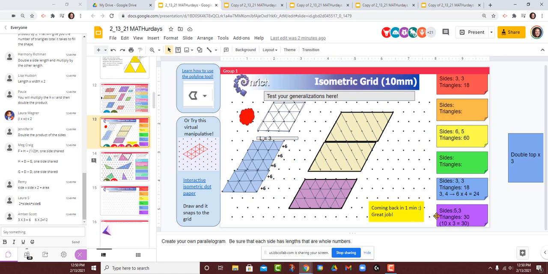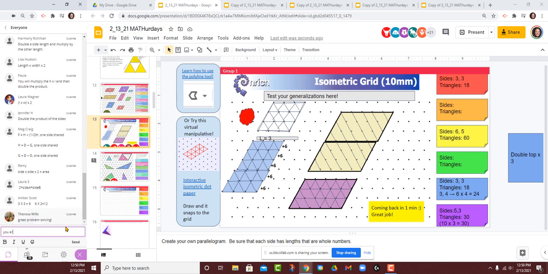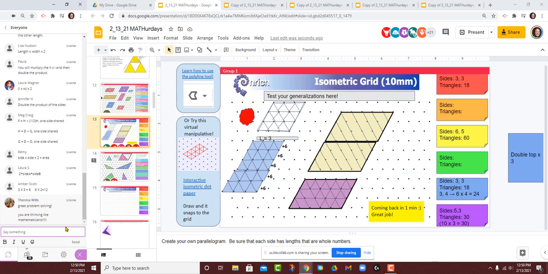So we just wanted to make sure that when we had odd numbers, we would get the same pattern, or the same generalization. The one that we really honed in on was if we take the length of the top of that parallelogram and double it, and then multiply it by the other side, the width, I guess, then you'd get the number of triangles.